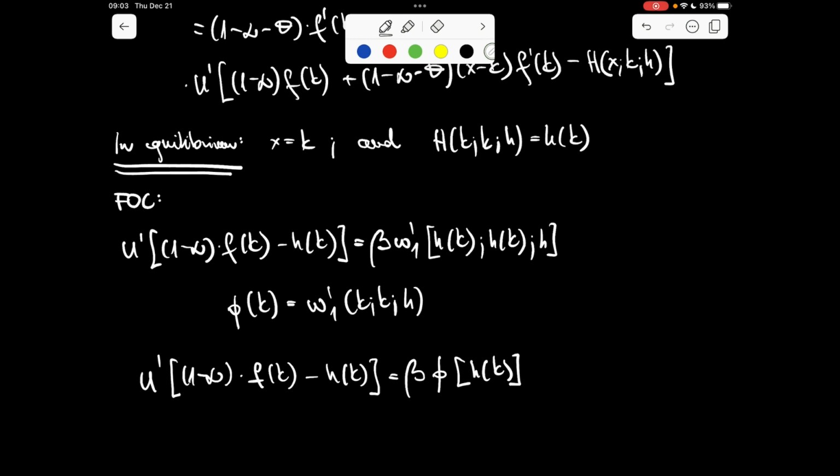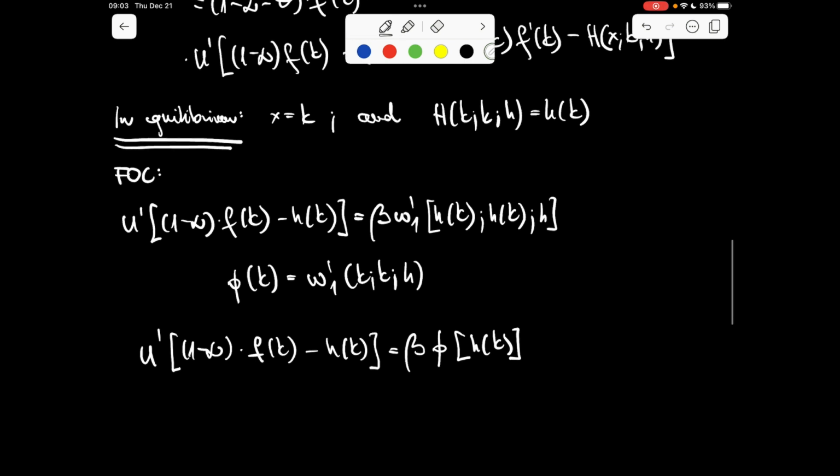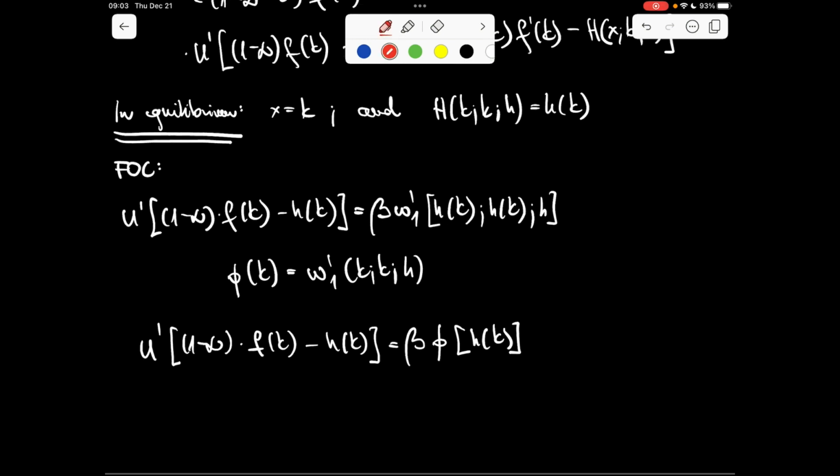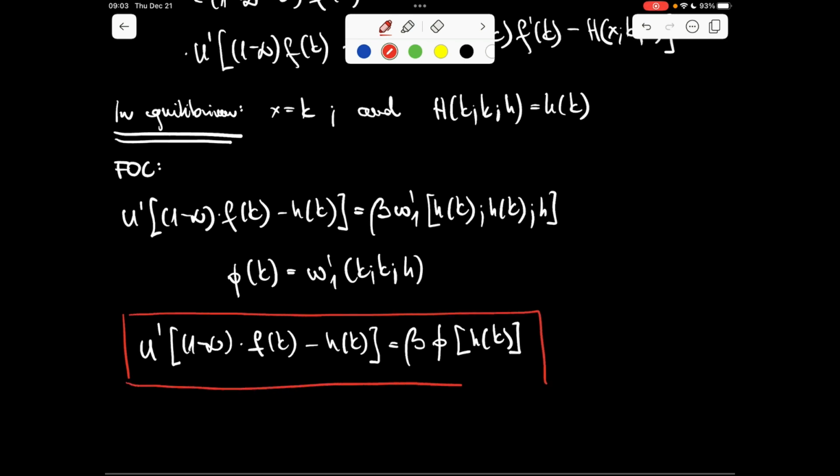Okay, I'm just double checking and it seems to be correct. Let me highlight this equation because it's really important to us.